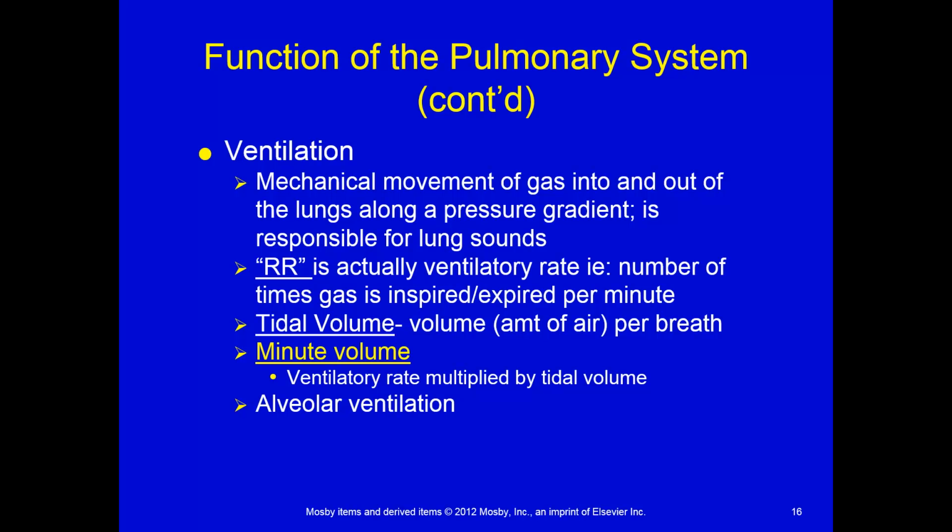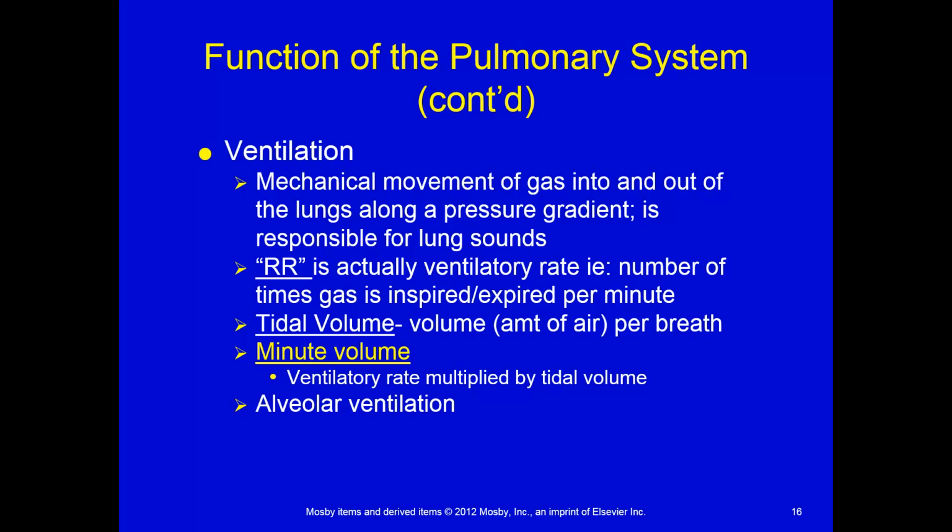And when talking about how quickly someone is getting that done, we're talking about their respiratory rate, right? That is actually the ventilatory rate. It's how quickly they're ventilating, i.e., the number of times the gas is inspired and expired per minute. So if you were to think about the cardiovascular system, what would be synonymous to a respiratory rate?